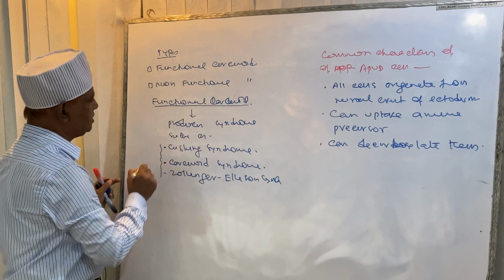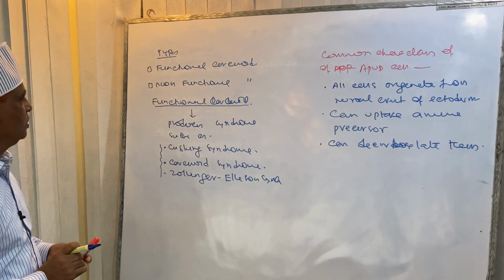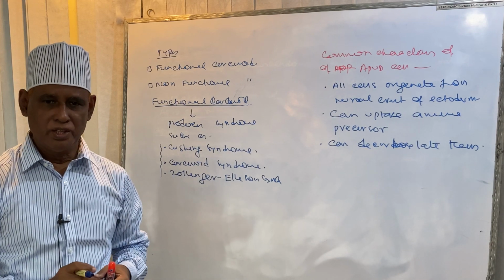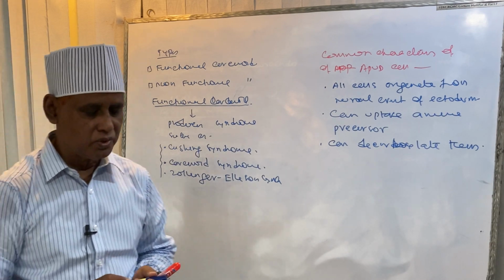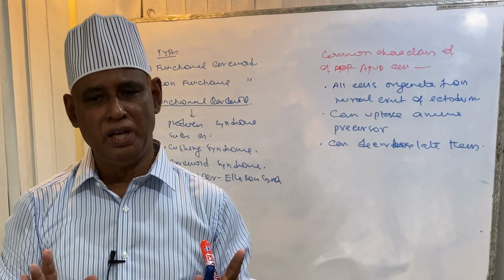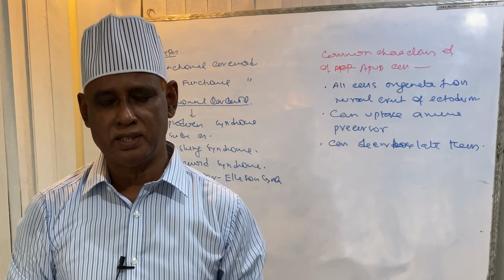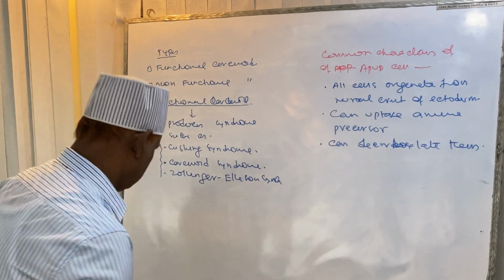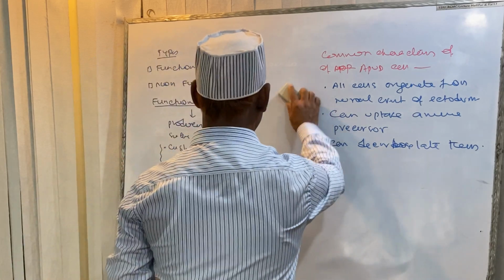These are examples of syndromes that are produced by functional carcinoid. Dear audience, non-functional carcinoids are those carcinoids which, although they are malignant tumors of the neuroendocrine cells, cannot produce any syndrome.